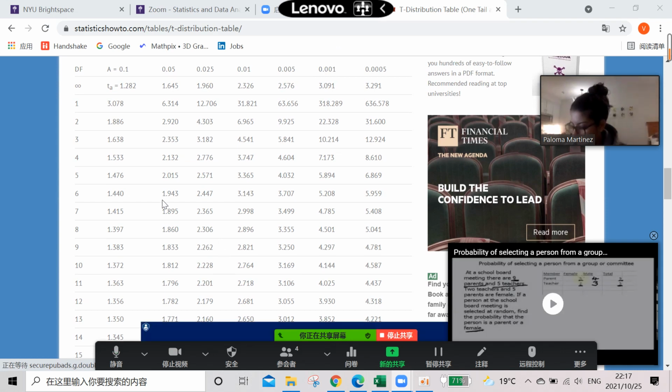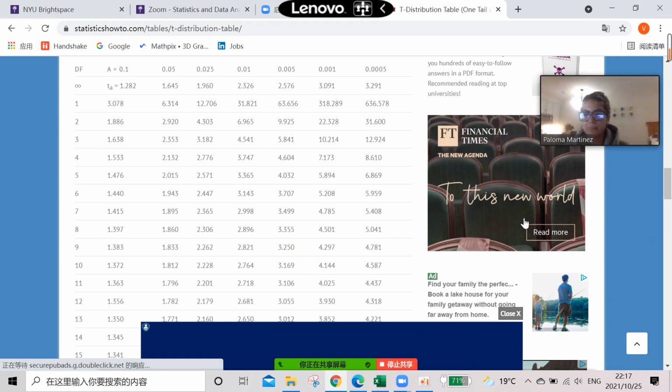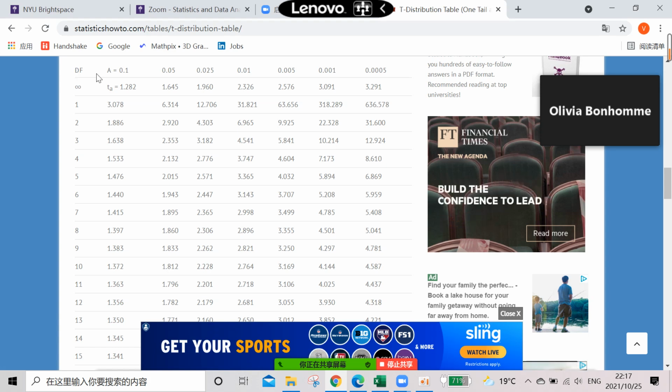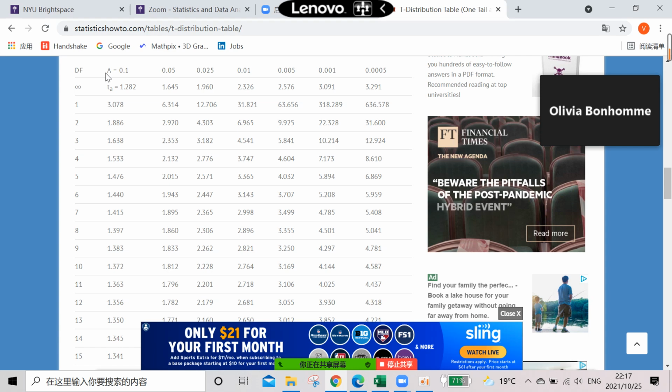Can you see this green t-table? Like I said, on the top left corner is df, the degrees of freedom. Beside it, it says alpha equals 0.1, 0.05, and so on. Along the horizontal you have your alpha, and along the vertical you have your degrees of freedom.